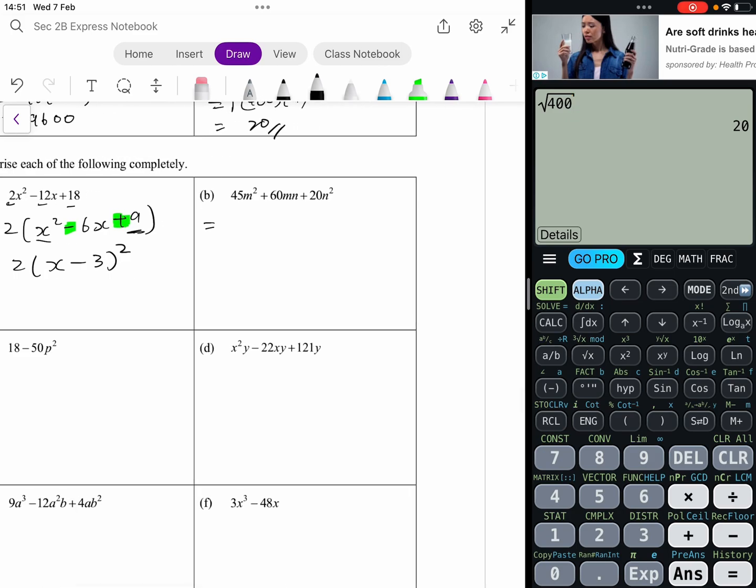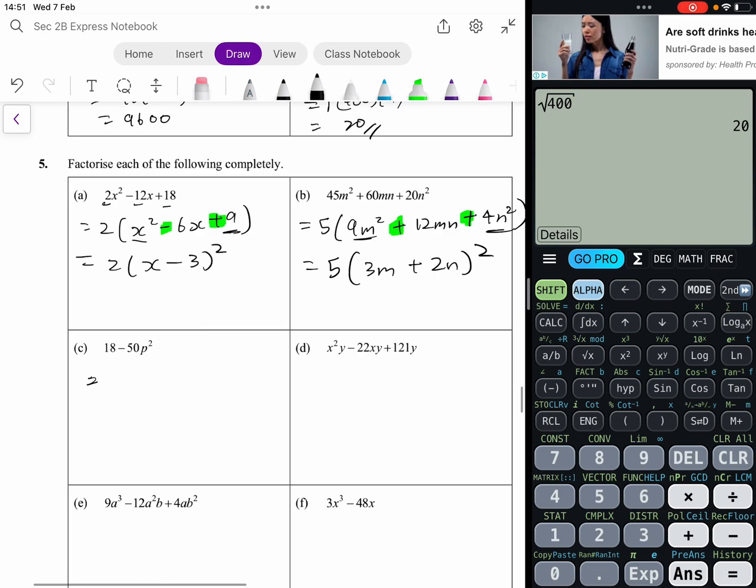Next one, take out 5. 9m squared plus 12mn plus 4n squared. Okay, again, notice plus, perfect square. So 5 times 3m plus 2n bracket squared.